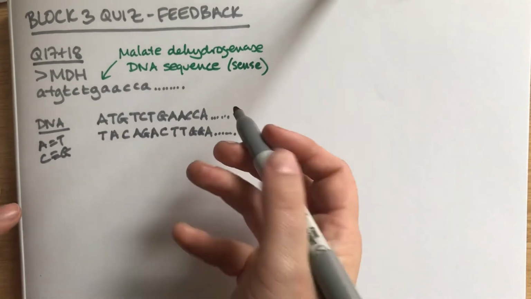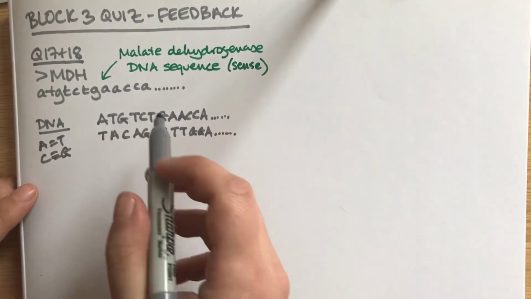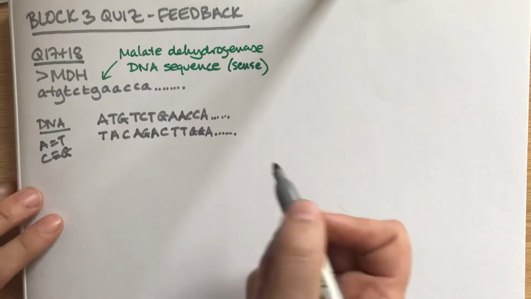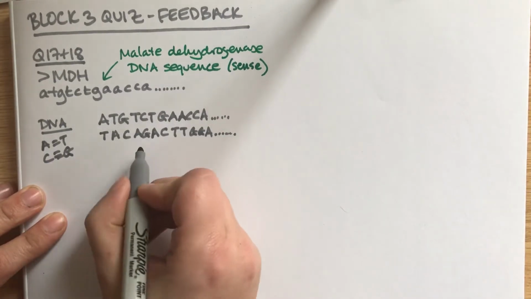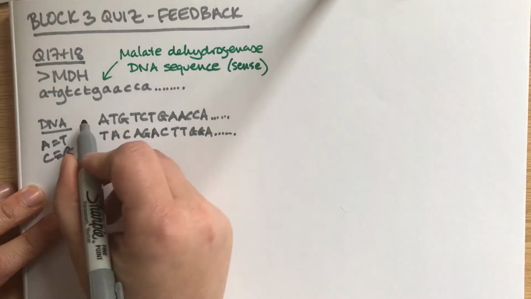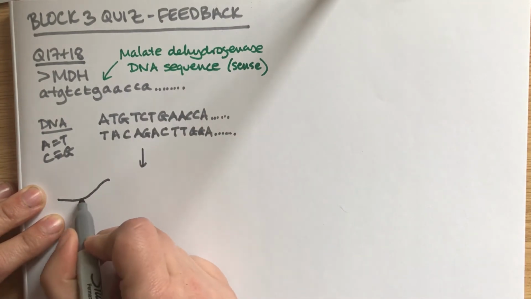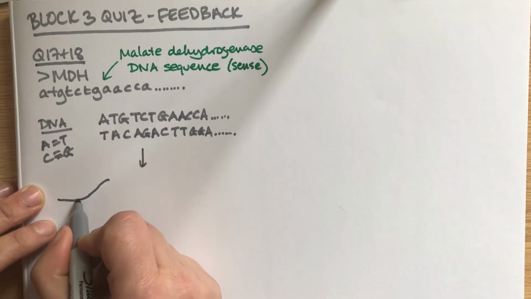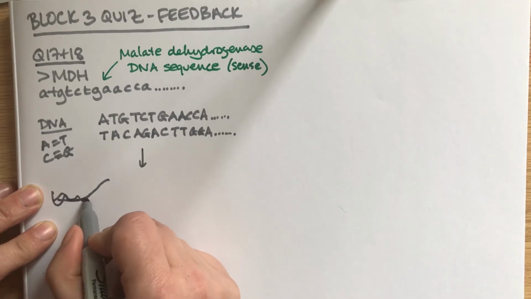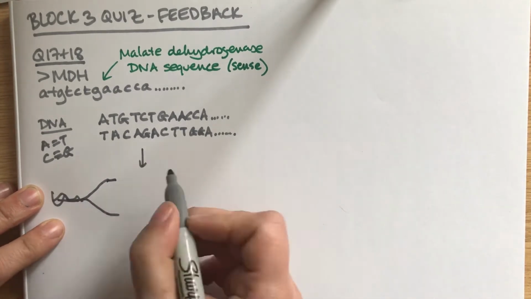But we're not asking you for the DNA sequence, we're asking you for the mRNA sequence. So let's think about what happens in transcription. Usually in DNA, those two strands are together, but when we have transcription, the DNA double helix splits, and we have what is called a transcription bubble.